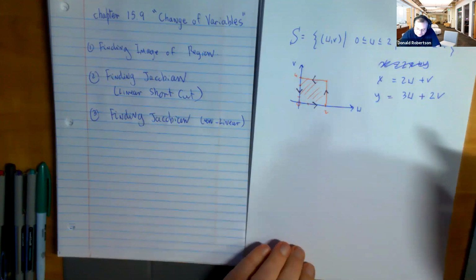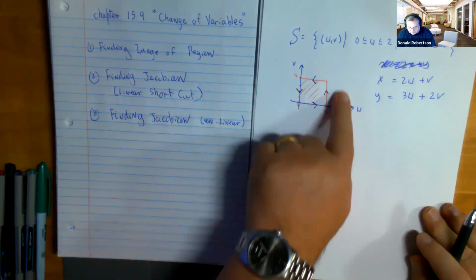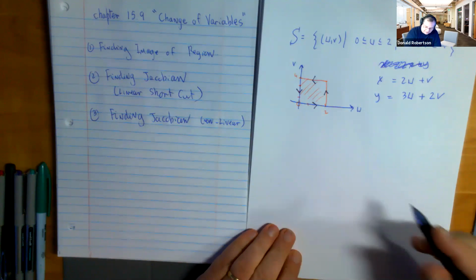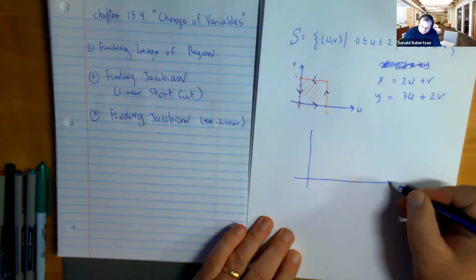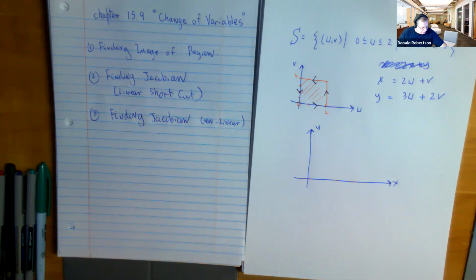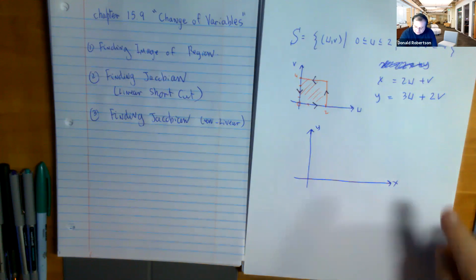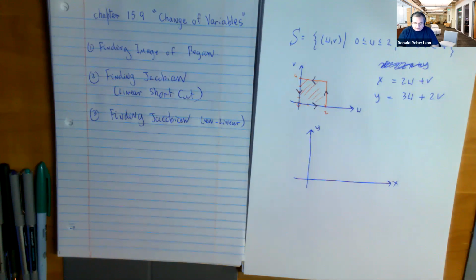And we're being asked to change this UV space region into what it would look like in the XY world. And there are two ways to do it. The first way is the way the textbook shows you, and good luck with that. And the second way is to realize that since these are linear, and the only ones you're really going to deal with are linear, we can do a kind of abbreviated version.